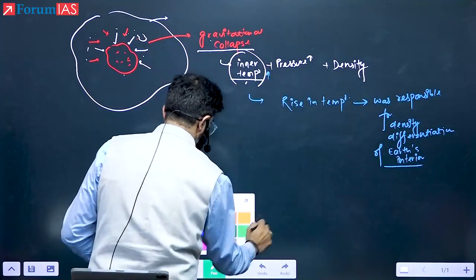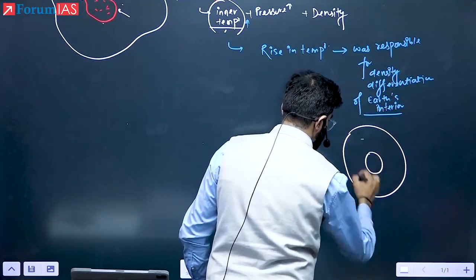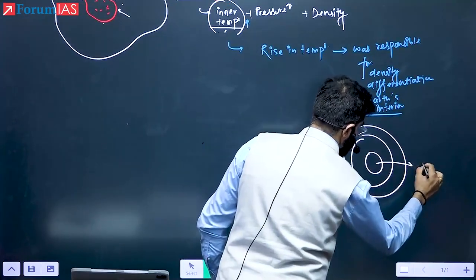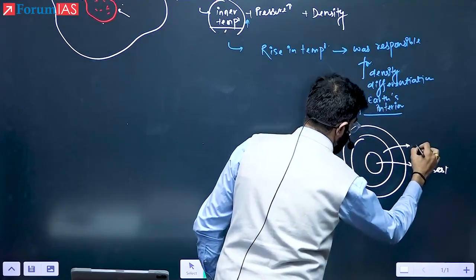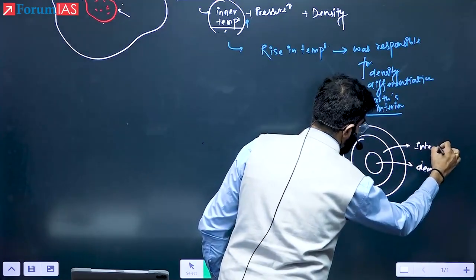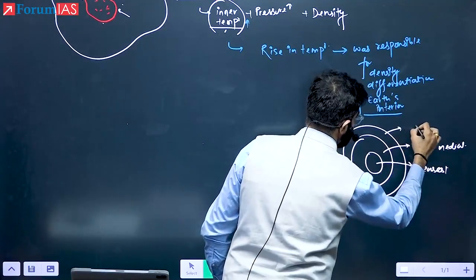So what was happening in that time? The inner core, the densest material, came down. The intermediate density material came next, and the lightest material was floating on the surface.